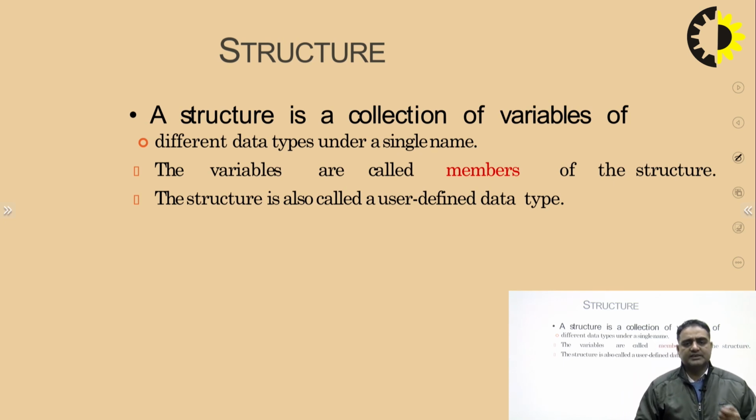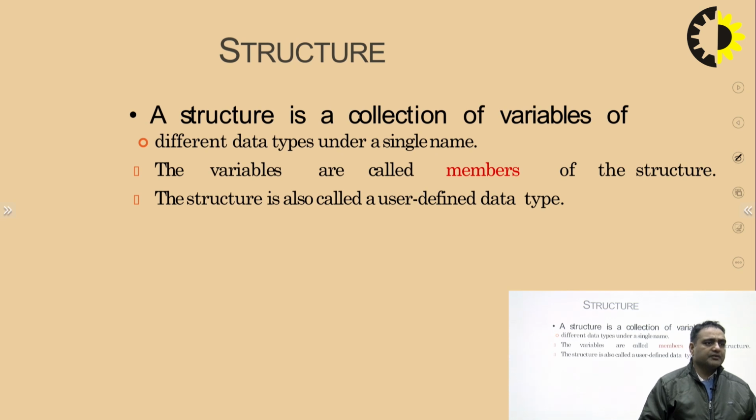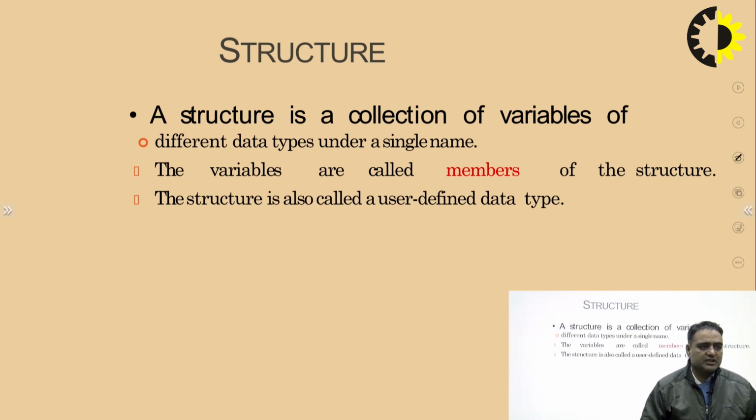It is case sensitive. We use struct, then a tag name, open curly brace, closing curly brace, and in it we declare the different member elements. The variables are called members of the structure. The structure is also called a user defined data type.